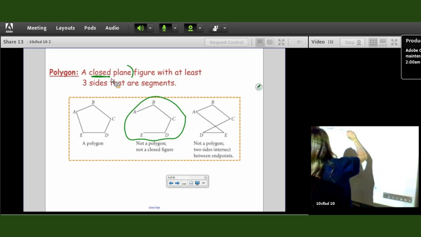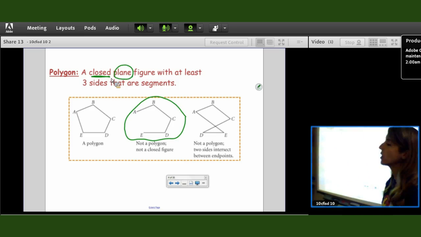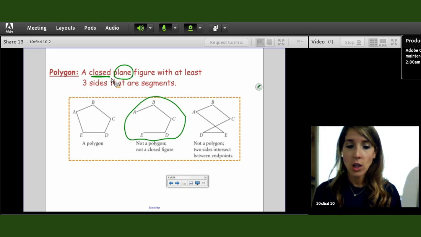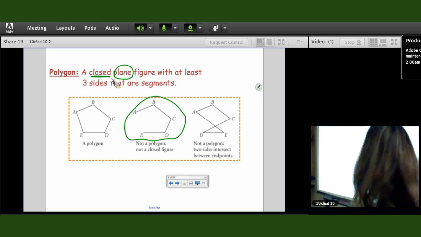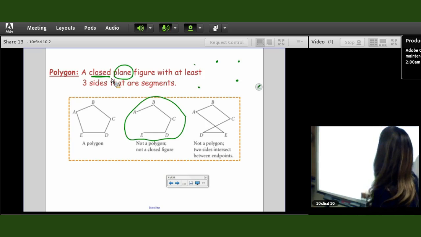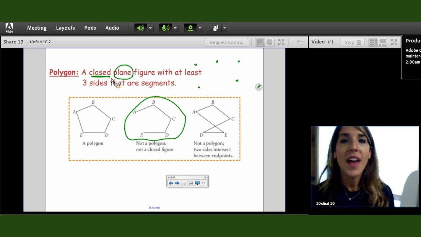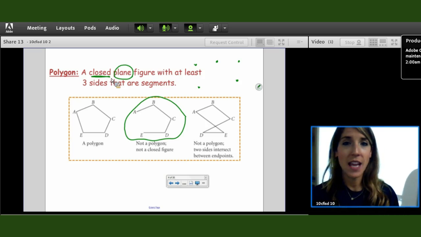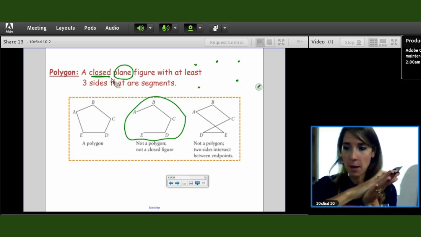Plane. This is really important to note. To make a polygon, you connect points. But for it to really be a polygon, you have to connect points that are coplanar. So that's a fancy way of saying polygons are flat shapes.